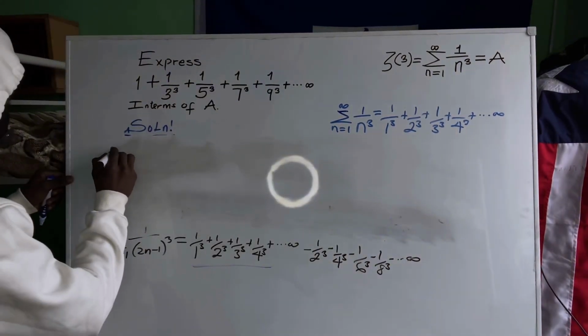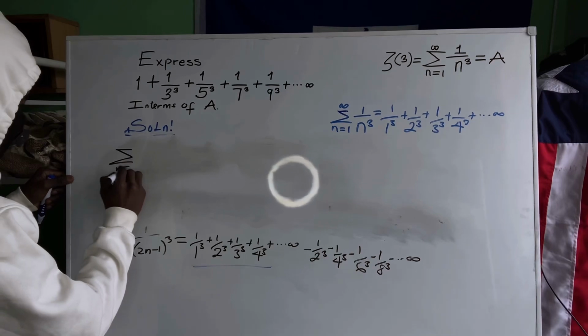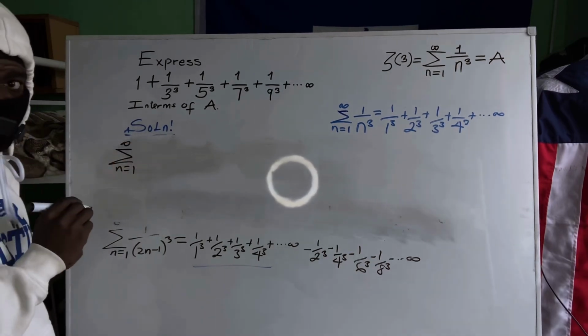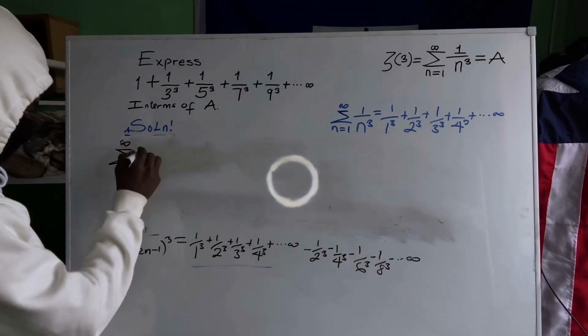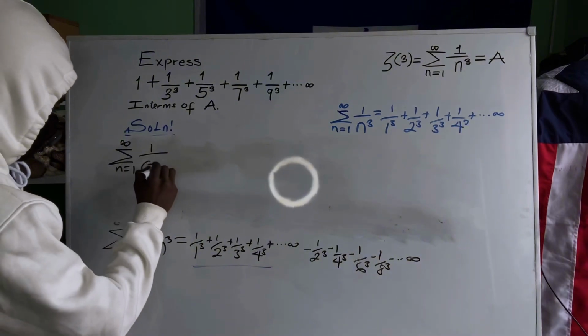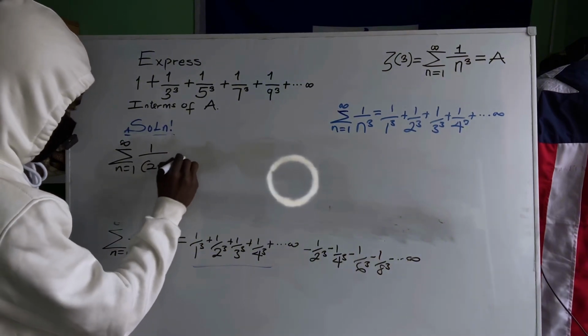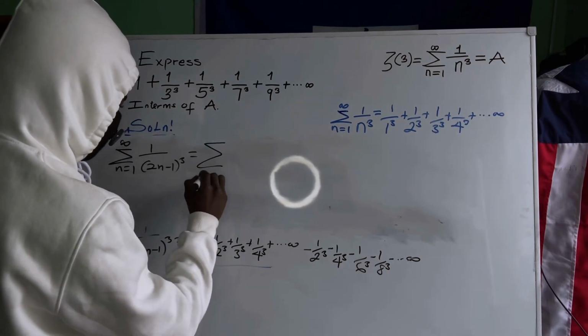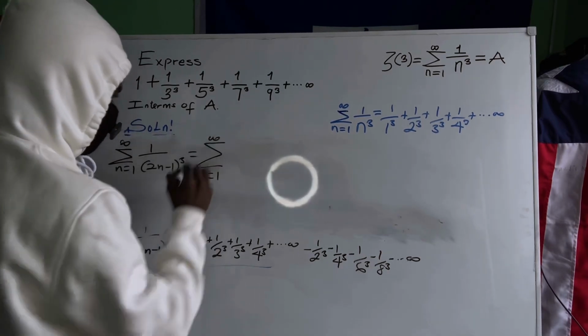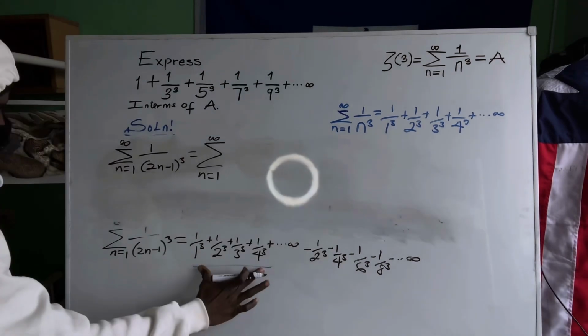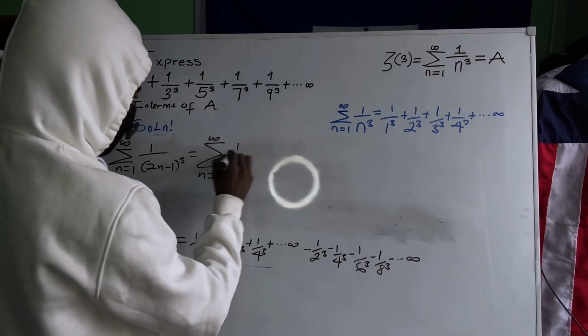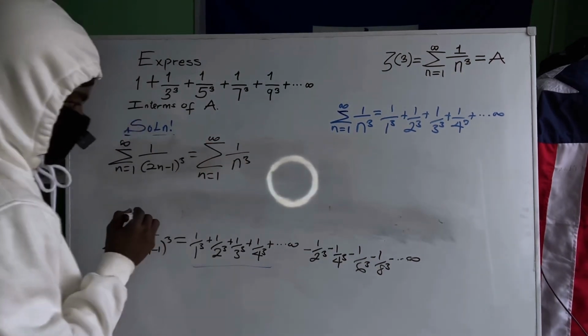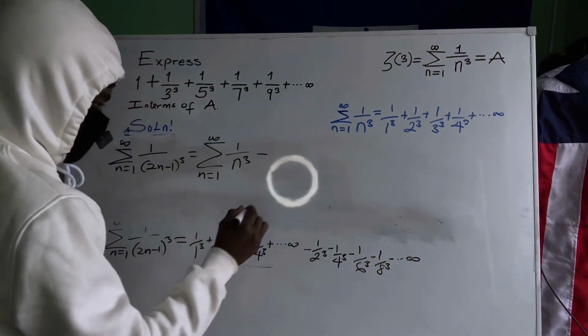We're going to have the sum from n is equal to 1 to infinity of 1 all over 2n minus 1 cube to be equal to the sum from n is equal to 1 to infinity, because this is exactly this, of 1 all over n cube, and we're going to say minus.